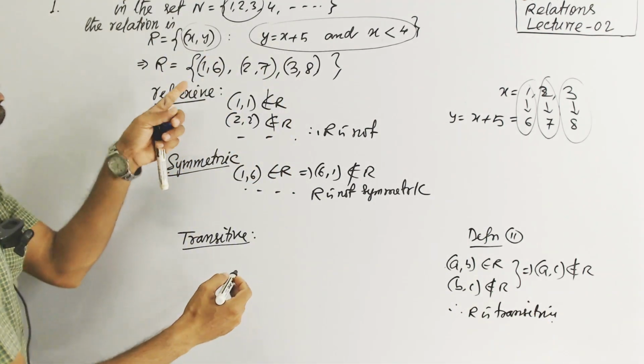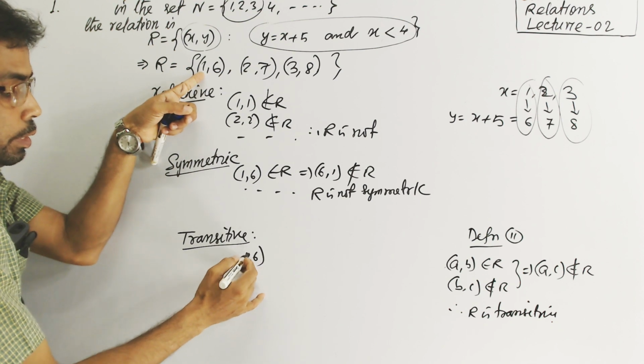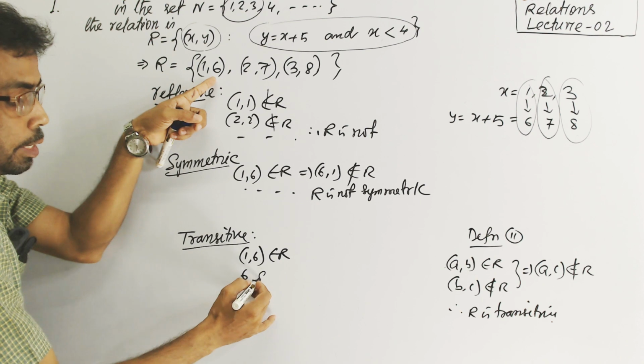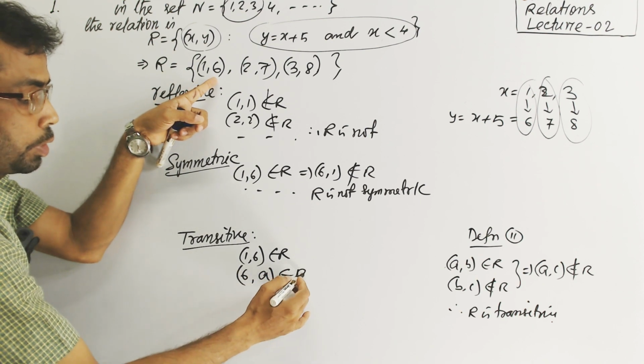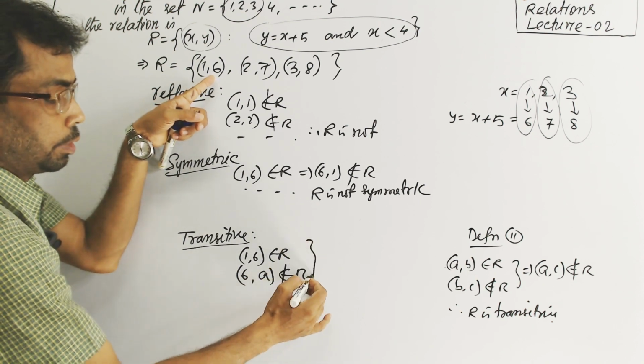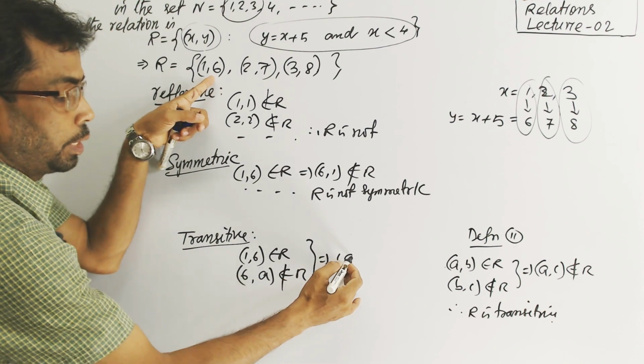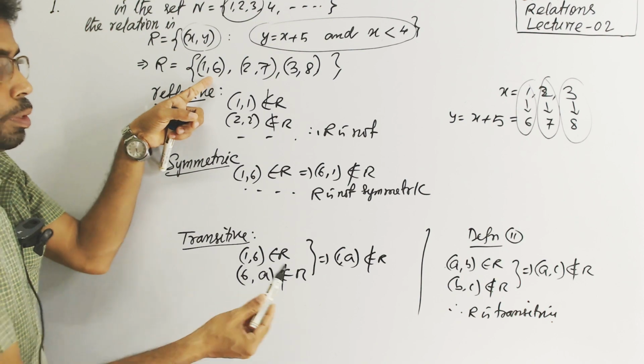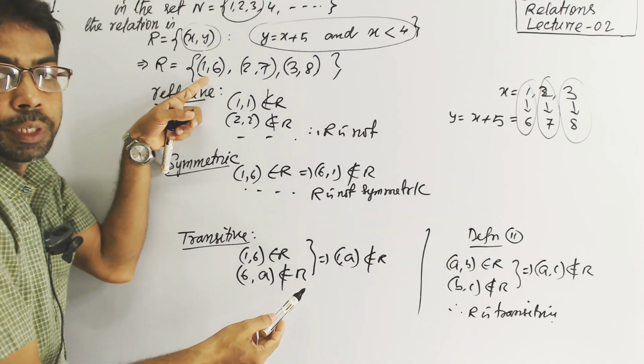So in this case (1, 6) is there in the relation, but with 6 as first element, no pair is there in the relation, and therefore the pair made by the first and last, (1, A), also is not there in the relation. So by this definition the relation is transitive.